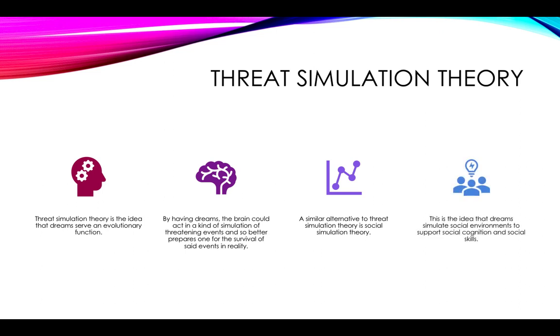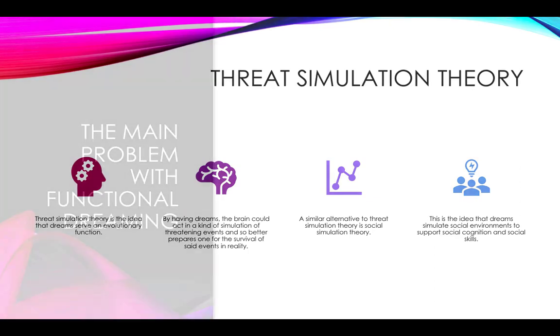The idea that dreams simulate social environments to support some kind of social cognition and develop social skills. That you dream about social environments, your brain almost simulates social environments, and that equips you with the skills needed to deal with social scenarios in reality, which is another way in which we could argue about the functions of dreams.